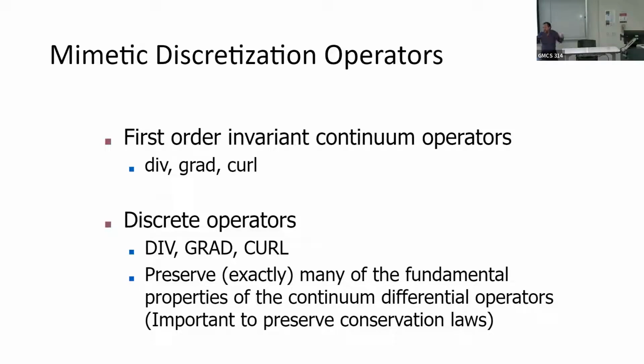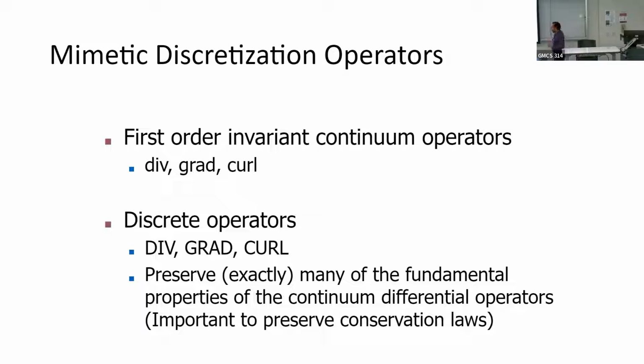Standard people in, let's say, finite difference, approximate the derivative, and then discretize the equation, and then you solve at the end a linear or nonlinear problem, depending on the nature of the problem. In finite elements, you assume the solution can be represented as a linear combination of some basis functions, and then you use those to discretize the equation.